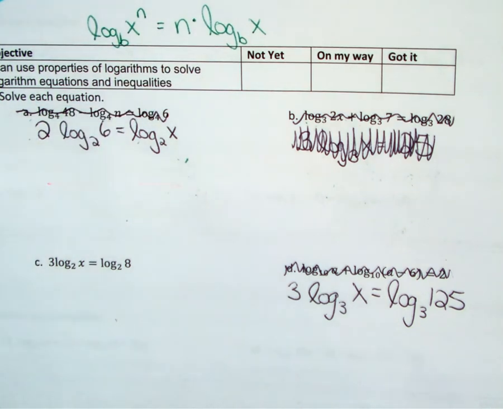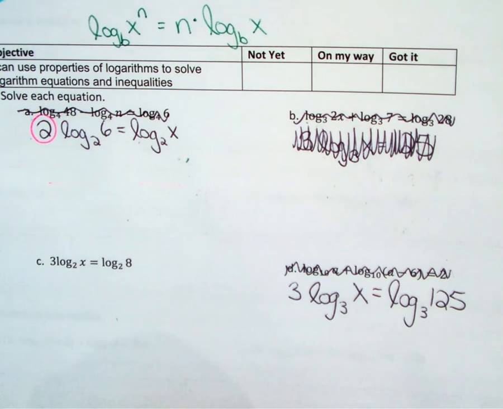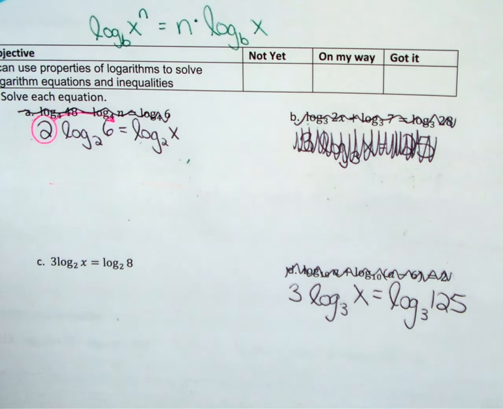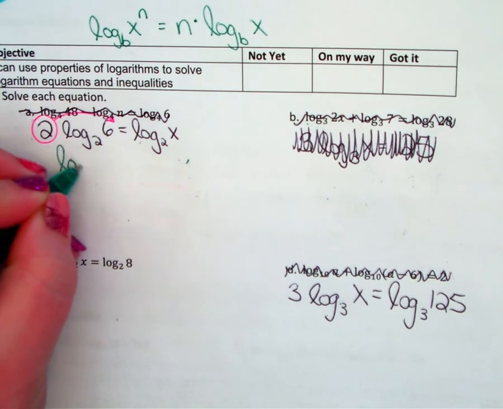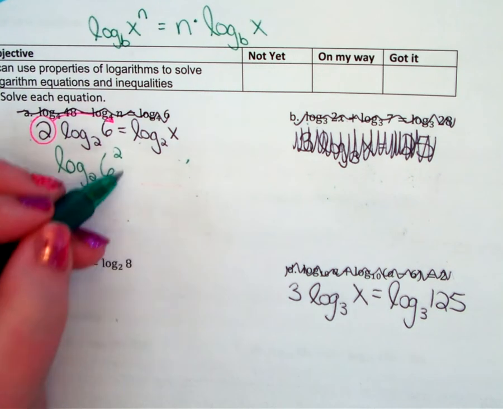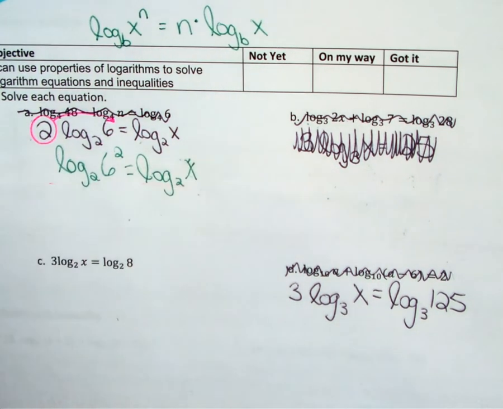So that means for this first problem, and guys, these are the two new problems. They're not already written on your notes. You'll have to write them down. But we can take this 2 that's preventing us from being able to just set the 6 equal to x, and we can make it an exponent to the 6. So I would have log base 2 of 6 squared equals log base 2 of x.